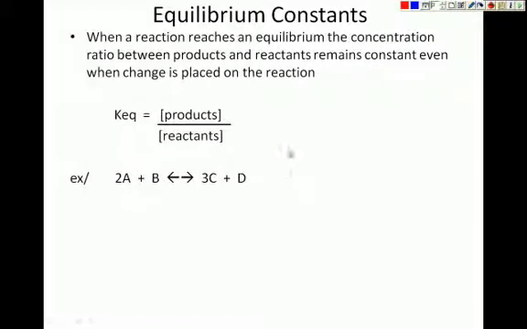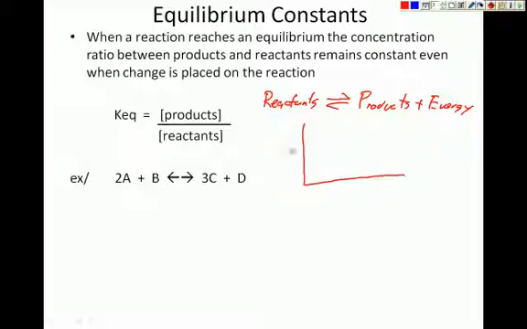Now, something that will change Keq is if you had something like this. Reactants form an equilibrium with products, but it happens to be an exothermic reaction. Okay, and again, here is our graph.